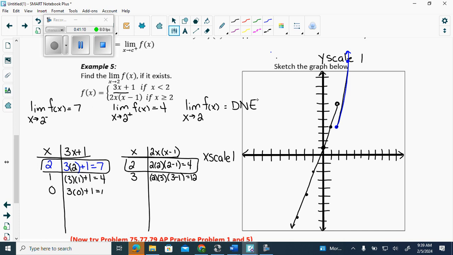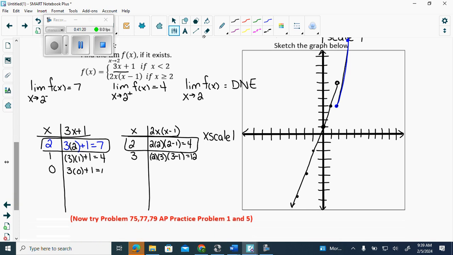Now, do I have to sketch a graph every single time to do this? No. What could I have done? I could have done it algebraically. If I want the limit as x approaches 2 from the left, and it's a piecewise function, I'm not going to write f of x here.